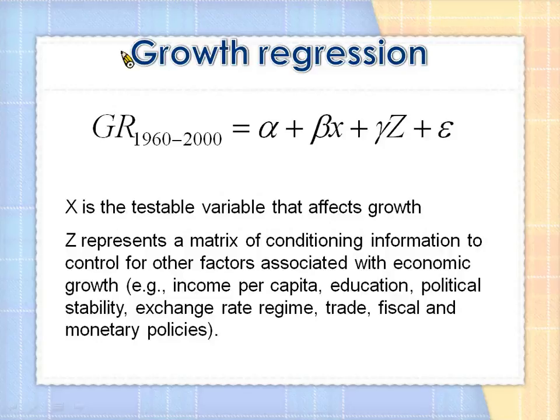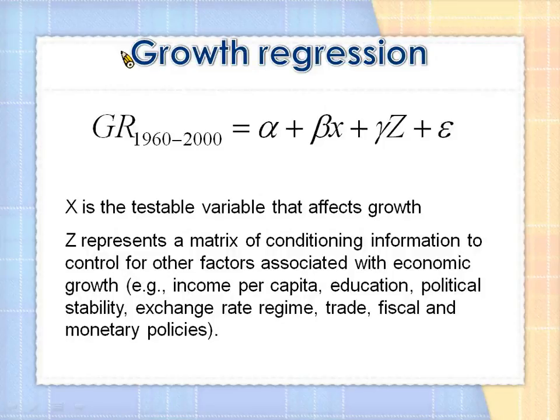So X is the testable variables: K, L, human capital, physical capital, and institutions, and also the social capital, learning by doing, technology transfer. These are all X variables, testable variables. And put in some control variables.